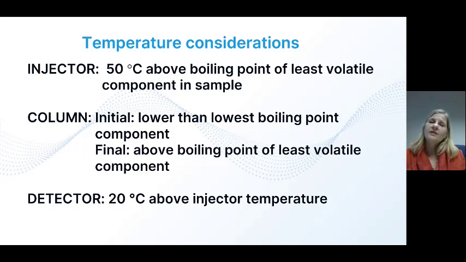So we start with a cool temperature lower than the lowest boiling point compound, and then we increase it up to a temperature higher than the highest boiling point compound to make sure that we are removing all the compounds that we placed onto the column from the column. And the detector must be 20 degrees above the injector temperature. So if our injector temperature was 250, your detector temperature must be 280 degrees.